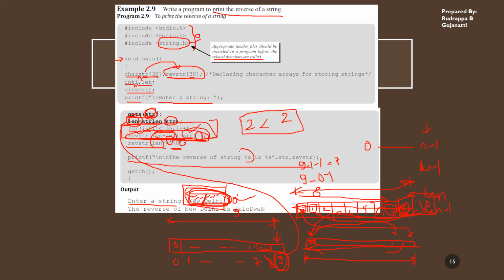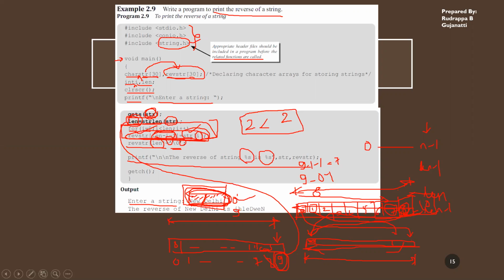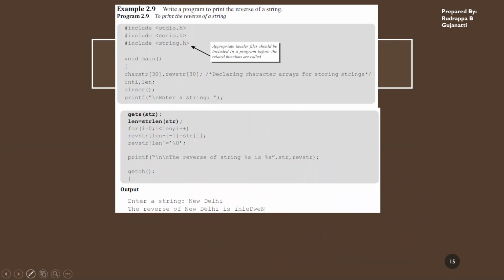So %s is the specifier which is used for string related parameters. So this is with respect to reversing a string.